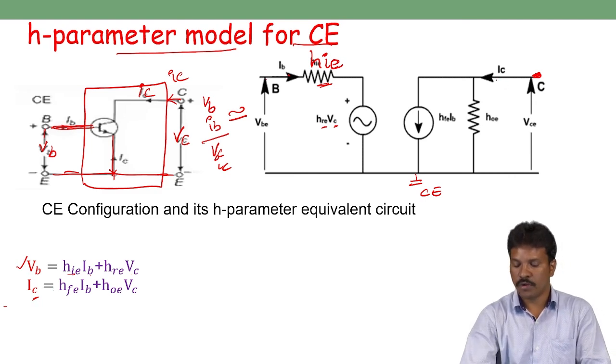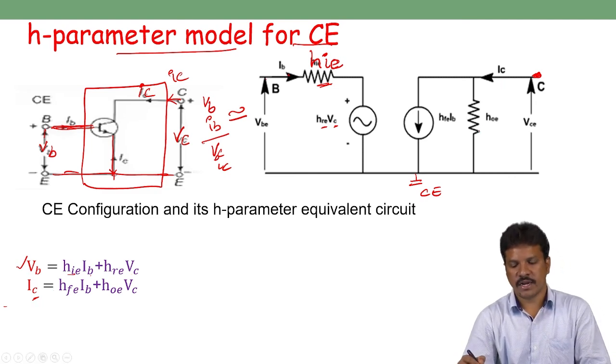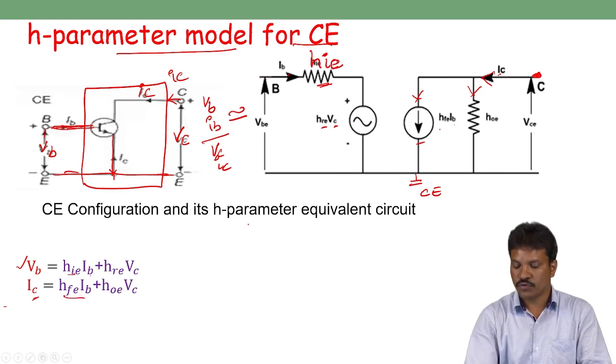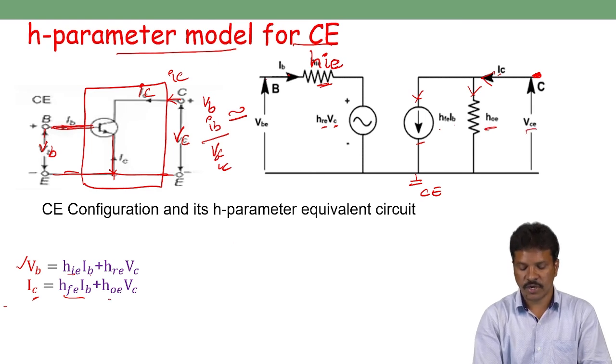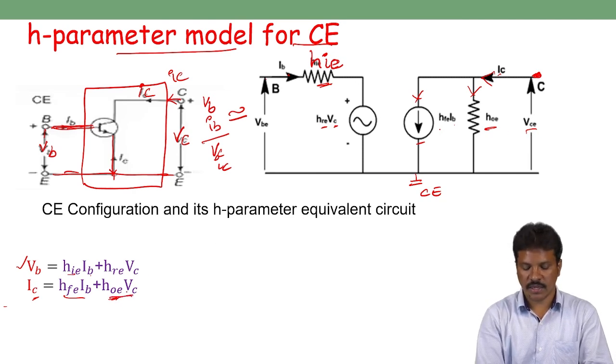Similarly, the output can be understood by applying Kirchhoff's current law. IC is equal to the sum of individual currents: HFE IB plus HOE multiplied by VC, where the output admittance multiplied by the voltage is a current.